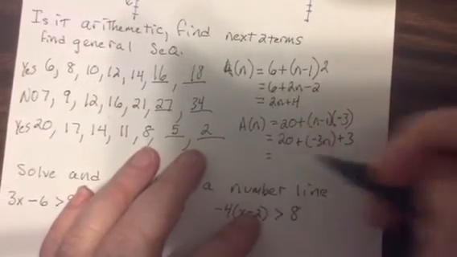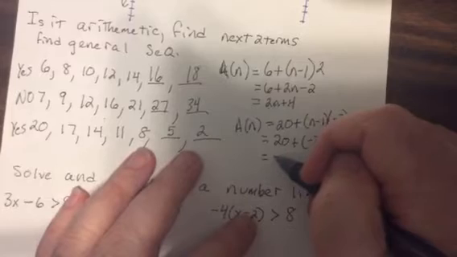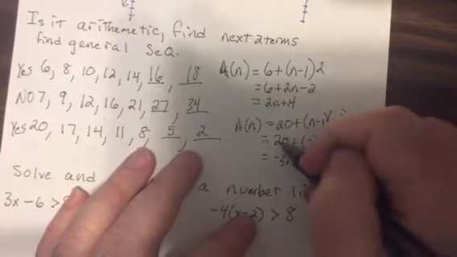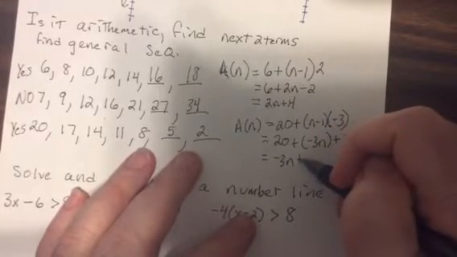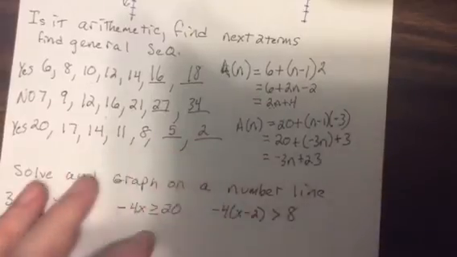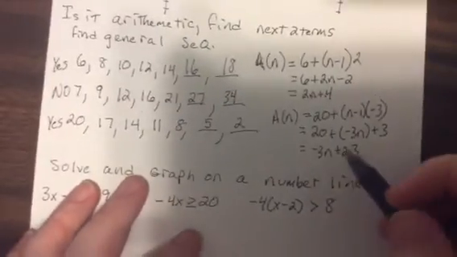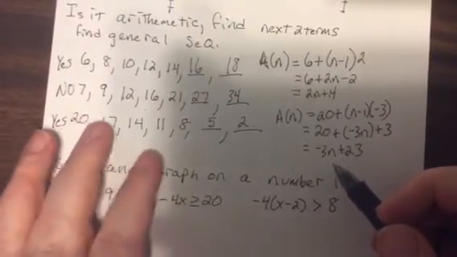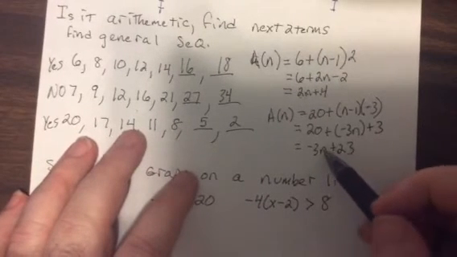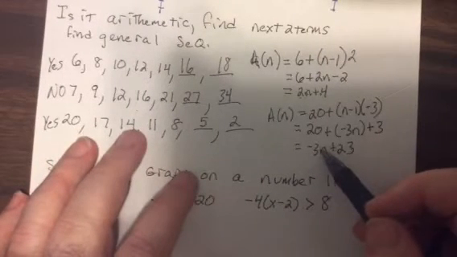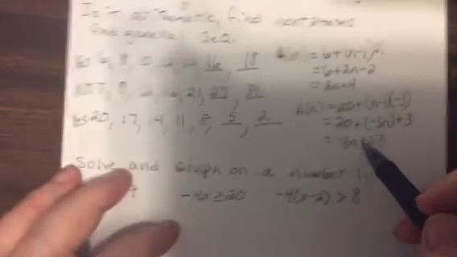So it would be negative 3n, and 20 plus 3 is 23. So if I wanted to find the one in the third spot, 1, 2, 3, it's 14. 3 times negative 3 is negative 9, plus 23 is 14.